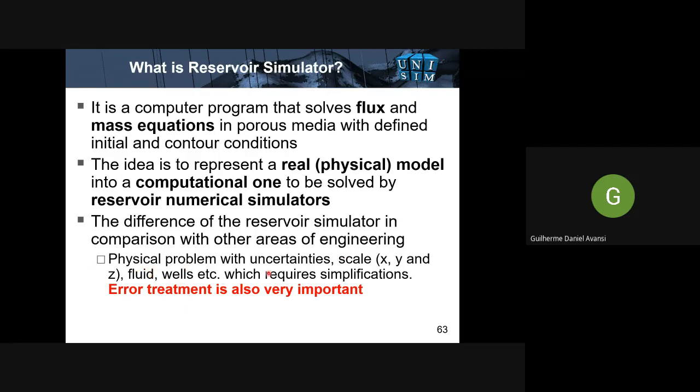So everything here requires simplifications, because if we don't simplify, it's impossible to solve all the equations that we have when we build our reservoir simulation. When I talk about the uncertainties and the simplifications, we are talking about sometimes an error. So this error treatment is also very important.